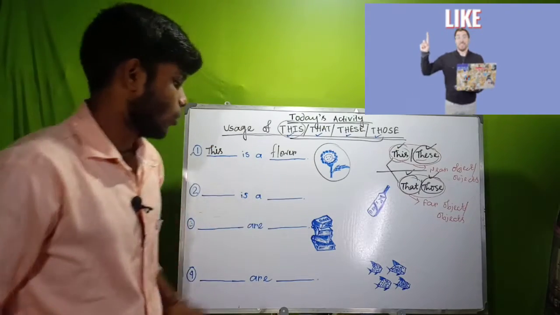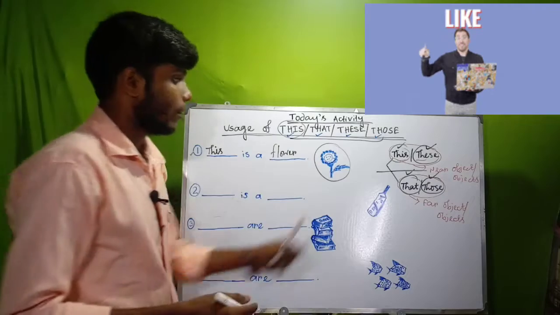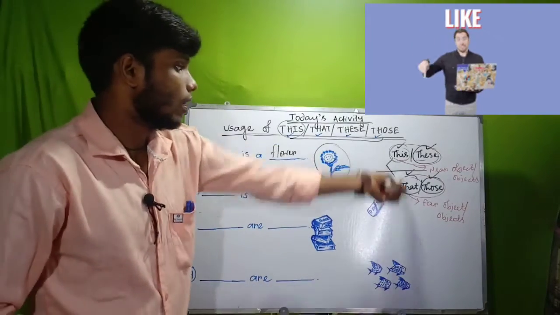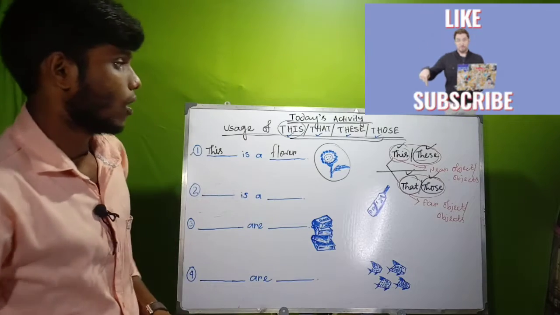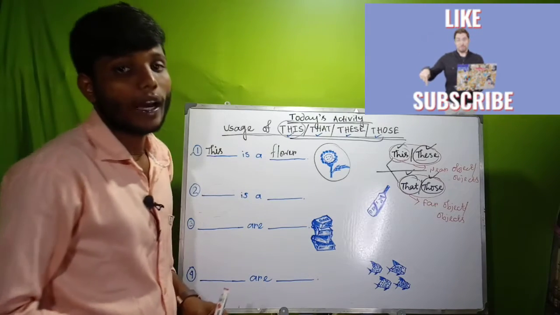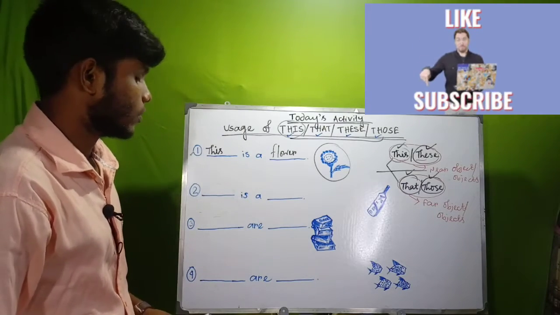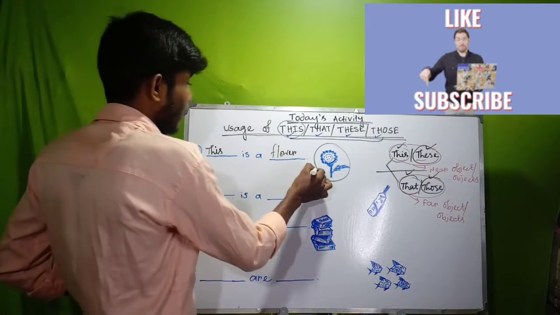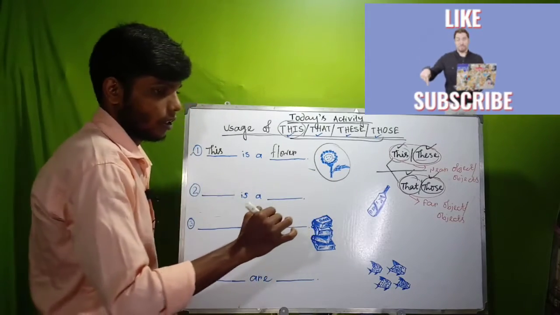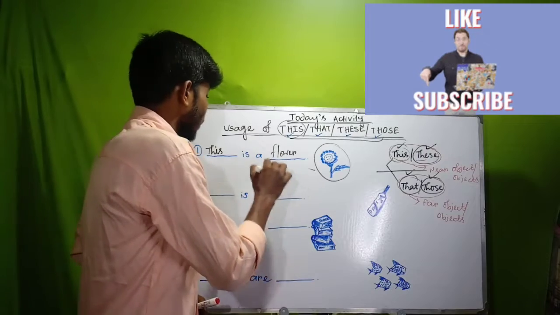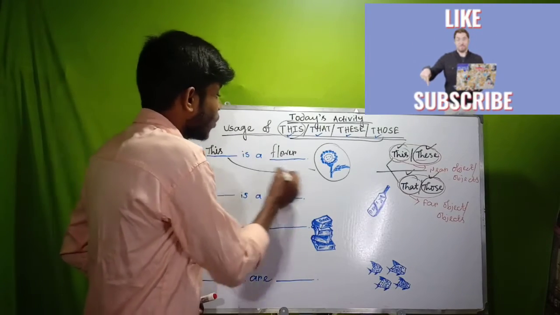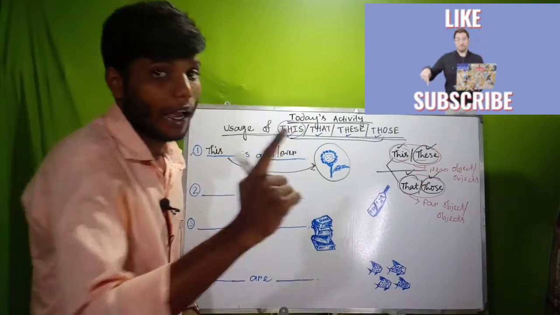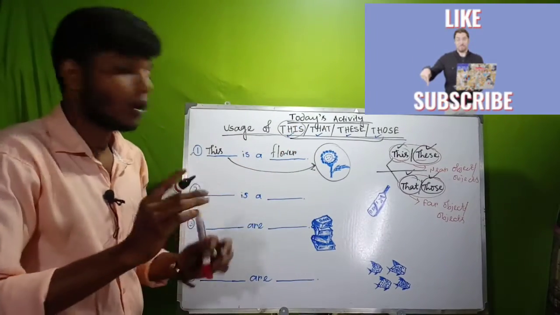As I have already discussed, this is placed before a near object, and only one, not more than one.